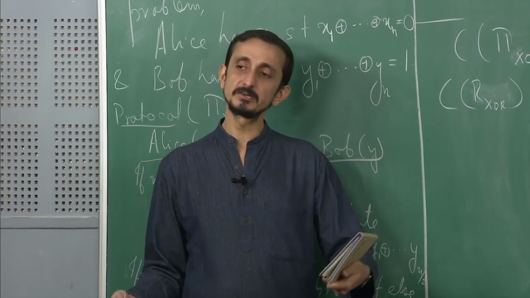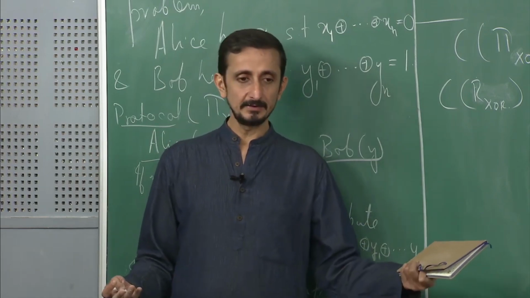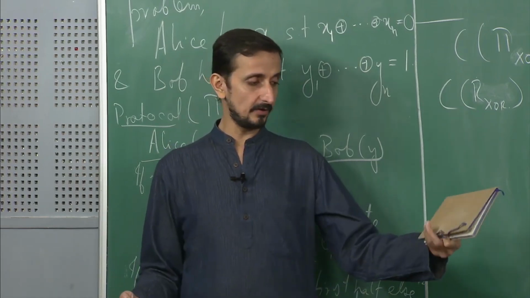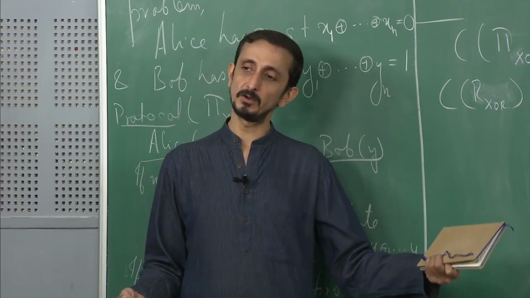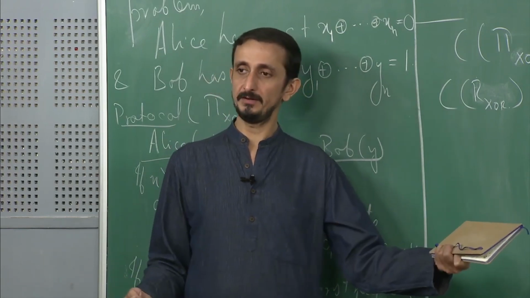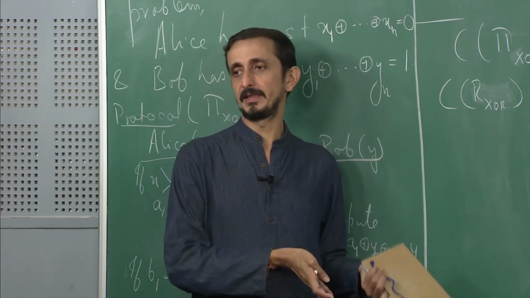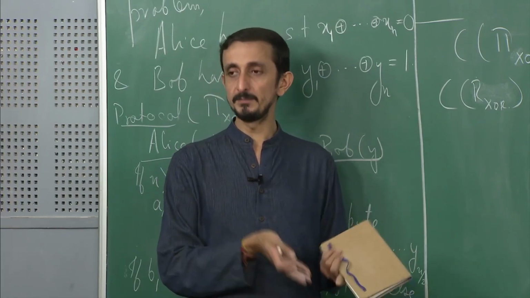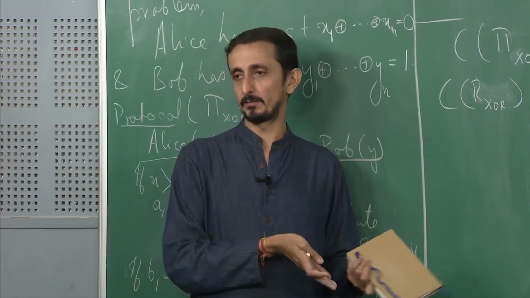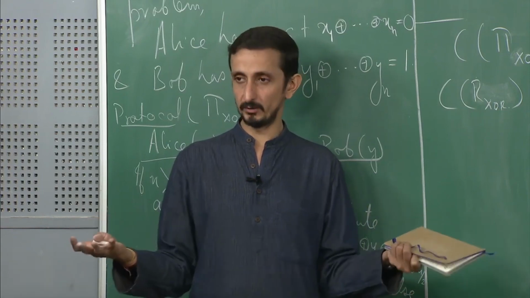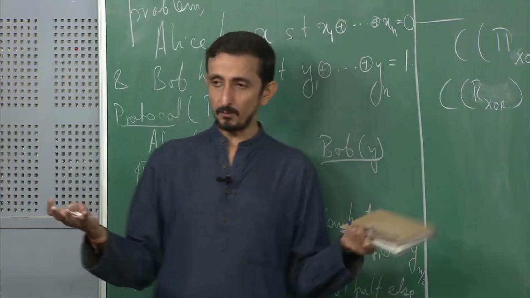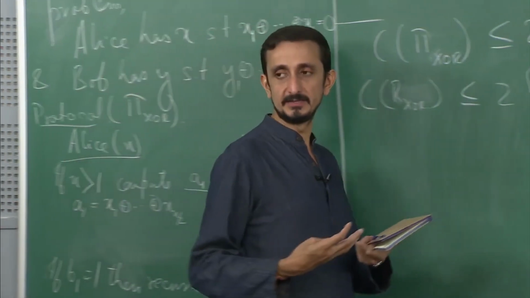The other is: I look at the communication problem corresponding to this function, and ask what is the minimum number of bits, the minimum communication complexity, in which that problem can be solved? So now I want to study the connection between these two frameworks.